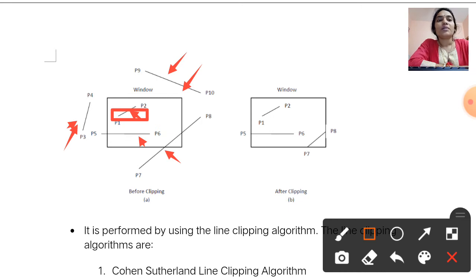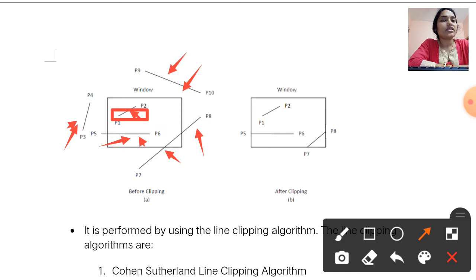But the line P5 and P6 will be inside the window, but some parts are also outside the window. But the line P7 and P8, this one only crosses the window area. Some parts are inside and more parts are outside the window.